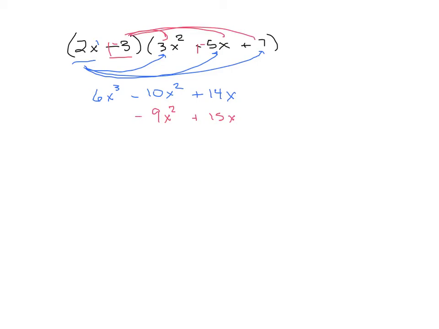And then a negative times a positive is a negative 21. We're going to add these two. So we have 6x cubed. A negative plus a negative would be a negative 19x squared. Positive 29x and negative 21.